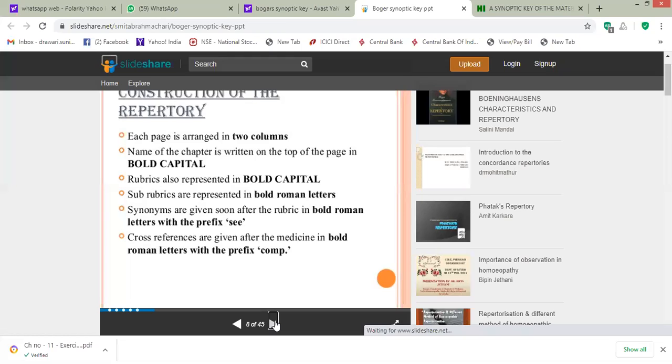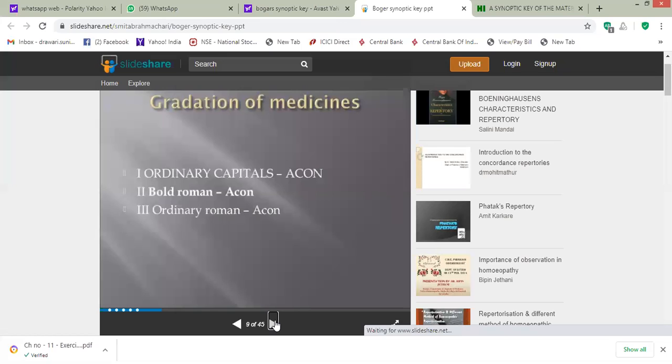Synonyms are given soon after the rubric in front of the word SEEC. Cross references are given after the medicine with the prefix COMP, that is comprising. In this repertory, 3 gradations are used.